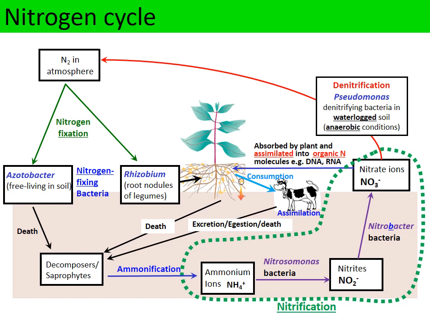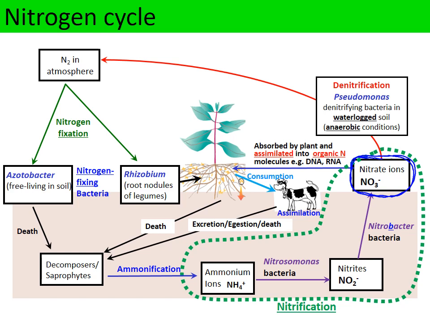So we've talked about nitrogen fixation, and we know a little bit about the nitrogenase enzyme, and in particular rhizobia and the root nodules of legume plants. But I'm just going to focus on, if we go over to the right hand side, we can see here nitrate ions. And we know soil is very fertile if it's got lots of nitrate ions in it. And that's because nitrate ions are absorbed by the roots of all plants, so legume plants as well as non-legume plants.